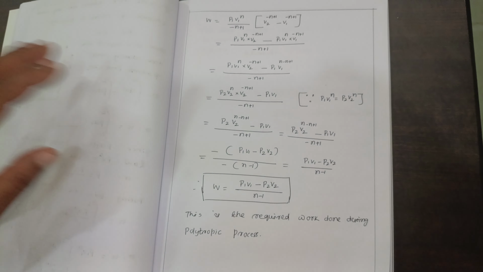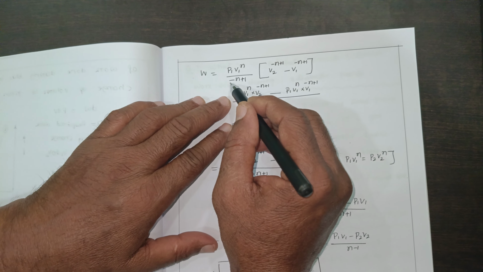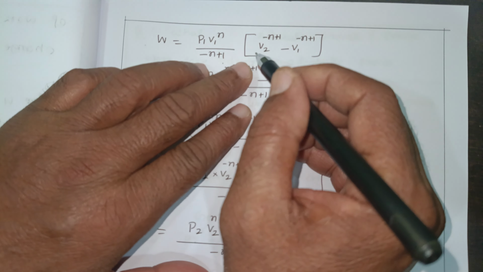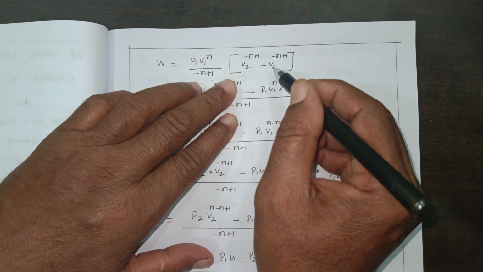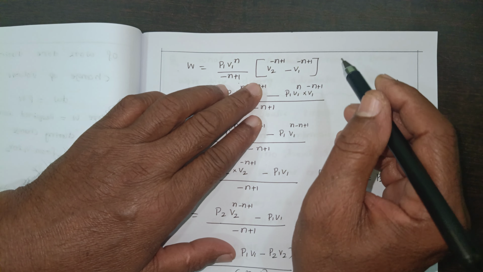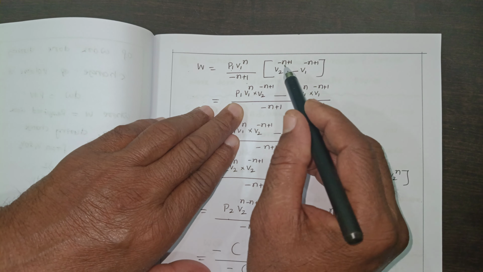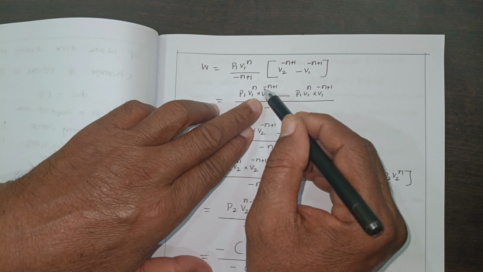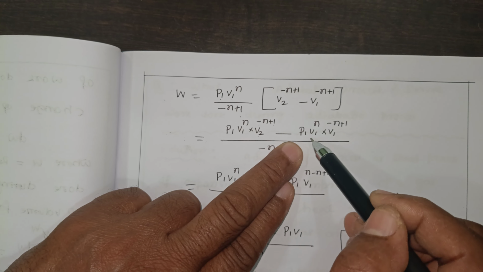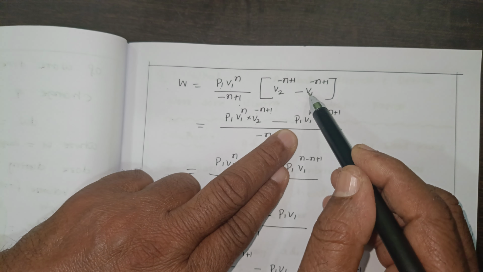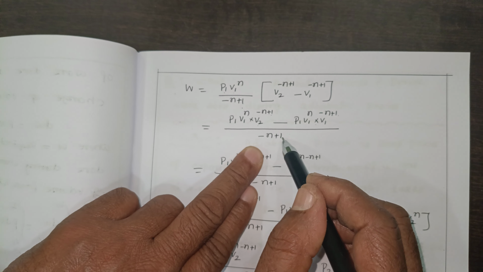Then we can write P1 V1 to the power n divided by minus n plus 1 with the limit V2 to the power minus n plus 1 minus V1 to the power minus n plus 1. After multiplication, P1 V1 to the power n into V2 to the power minus n plus 1 minus P1 V1 to the power n into V1 to the power minus n plus 1, divided by minus n plus 1.